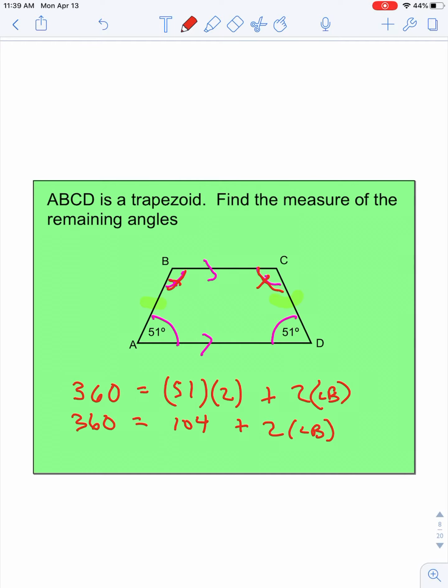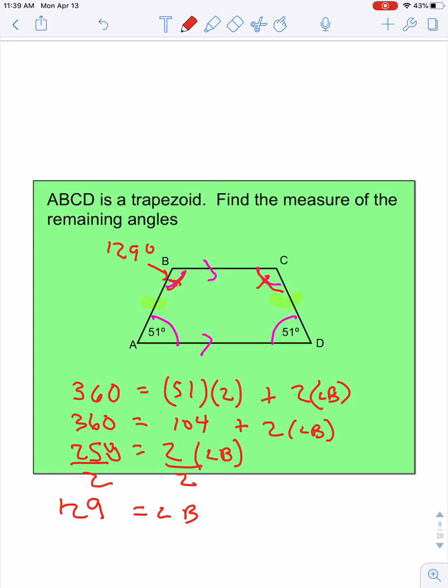So now when I subtract 102 from 360, that gives me 258, which is equal to 2 times the measure of angle B. So now I divide by 2, and I get the measure of angle B is equal to 129. So B is 129 degrees, and since these are congruent, angle C is also 129.